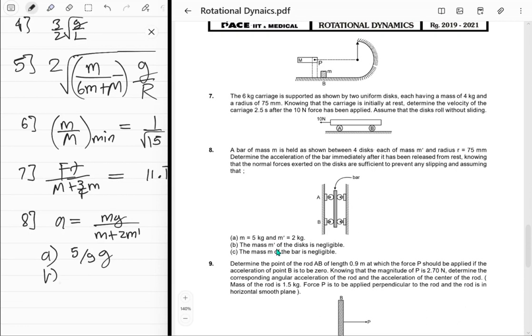B is, it's looking really ugly. Okay, B is the mass m dash of the disc is negligible, then this thing is going to be negligible, so we've got g, as expected. C, the mass m of the bar is negligible. Wait, what? Then this acceleration is going to be infinity.